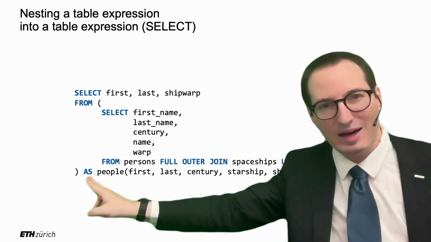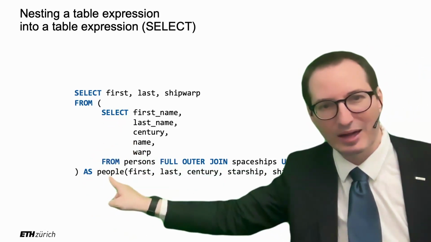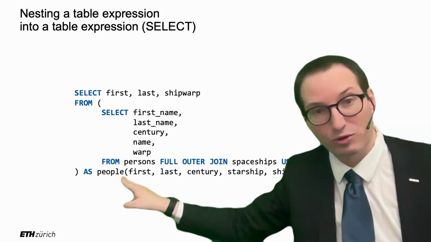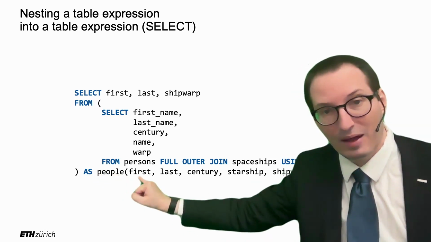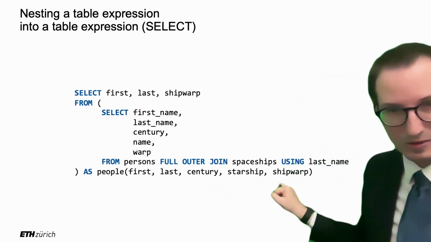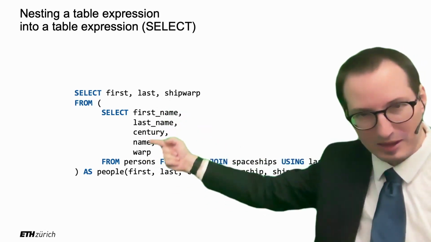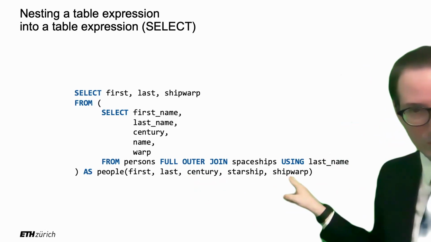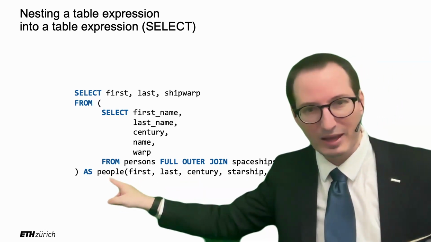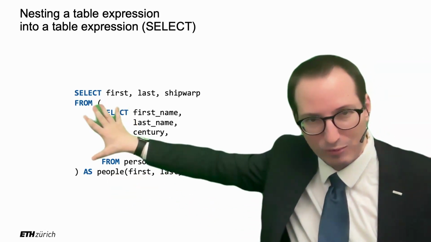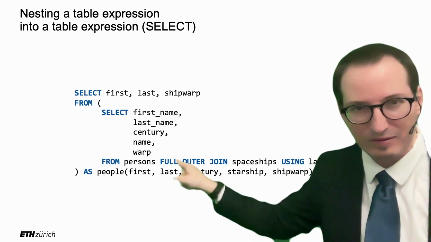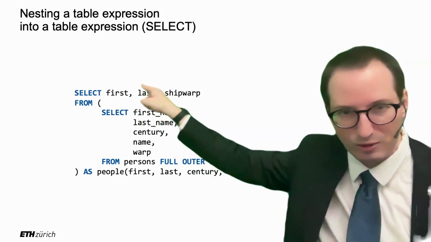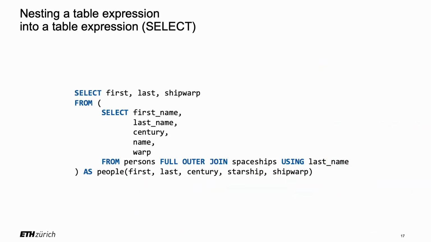And then if you use as after the nested query, you can change the name. So you can give the new table a name, and then you can rename the columns. So these are the 5 columns that you selected from your join, and then you can give them new names like first, last, century, starships, ship warp. And then you can use, of course, this name because this is in the from clause that you specify that. And then in a select clause, you can select using the names that you put in there. Okay? So you can nest a select inside a select.